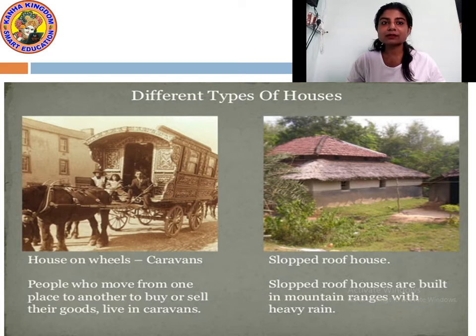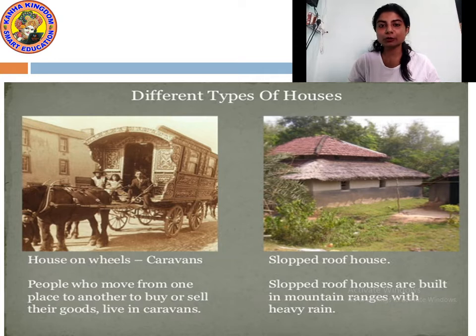People who move from one place to another to buy or sell their goods live in caravans. People who keep on traveling from one place to another to sell their goods or to buy some goods live in this kind of house which is built on wheels.